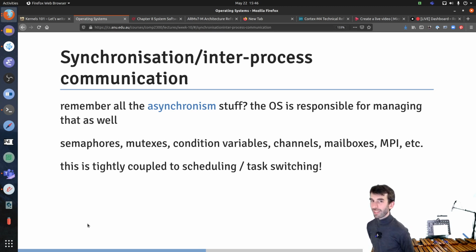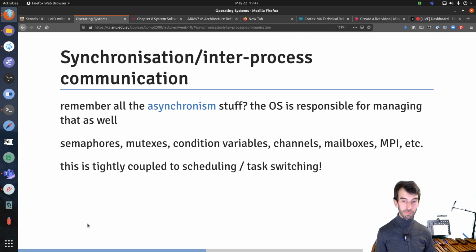So remember about asynchronism as well. If we have multiple tasks working in the same shared memory, then they have to have this concept of synchronization in order to make sure that they're not splitting their reads and writes from that memory interleaved with other processes. We have to have some way of knowing that a process has been put on ice, gone to sleep. Meanwhile, some other process has changed memory while it wasn't looking.